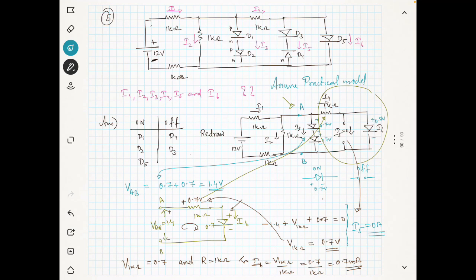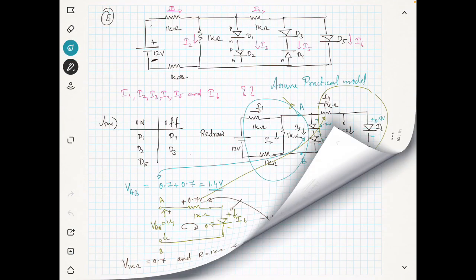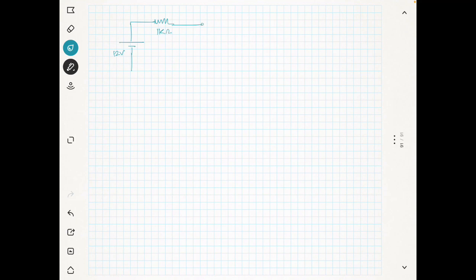Now again I will draw the other part of the circuit. So we have a 12 volt battery, and there is a 1 kilo ohm resistance, and we have the point A, and this is a 1 kilo ohm resistance.